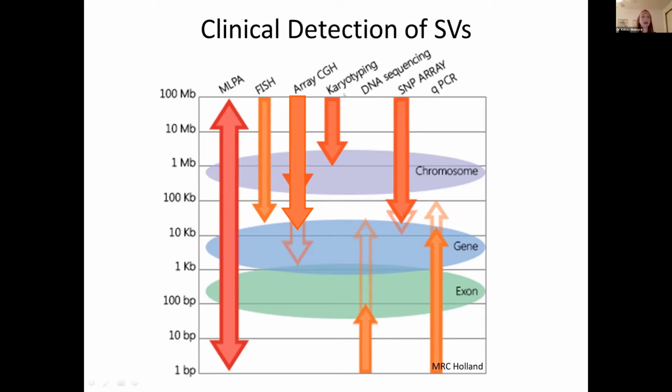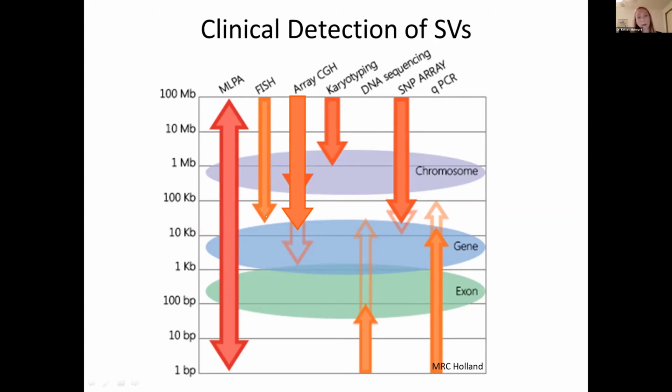Karyotyping is going to be limited, of course, to very large events that are visible under the microscope when visualizing metaphase spreads. Here, this graph is showing it down to 1 megabase, although I would argue that you would be a pretty amazing cytogeneticist if you could actually see something that was 1 megabase. In reality, it's probably more like 5 to 10 megabase resolution of karyotyping.